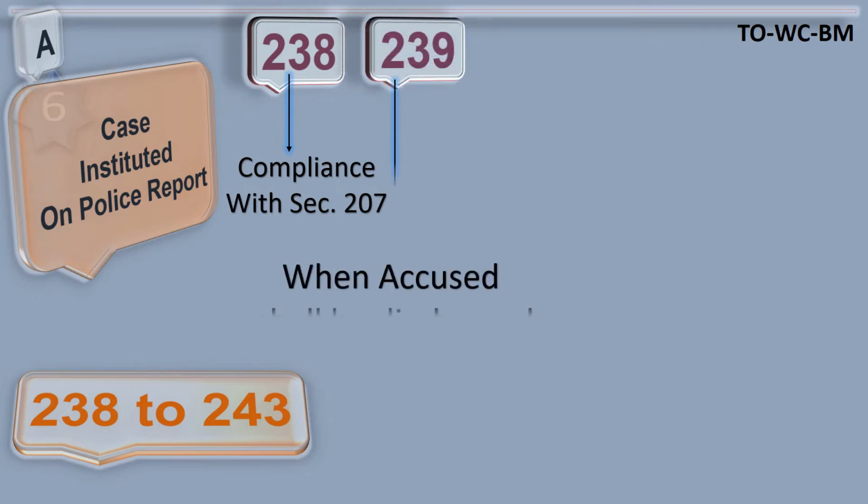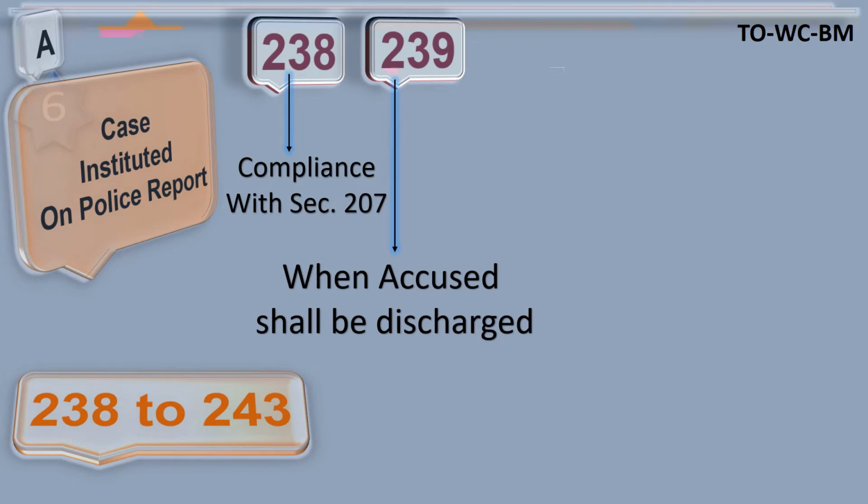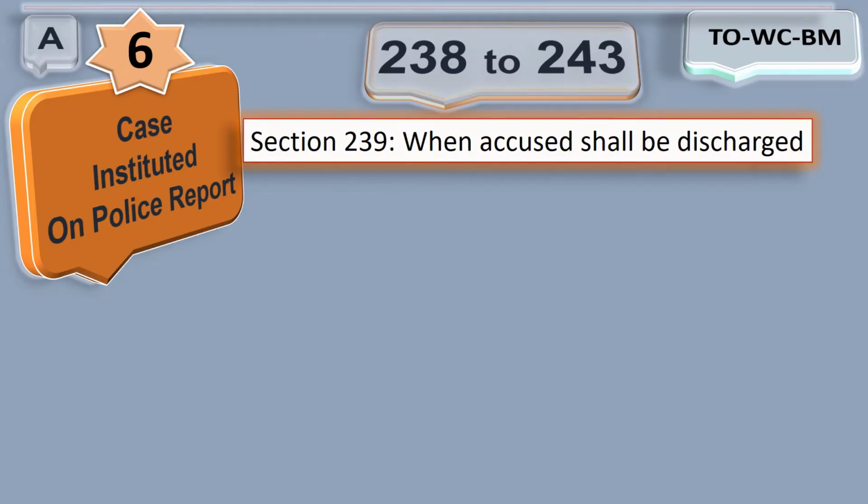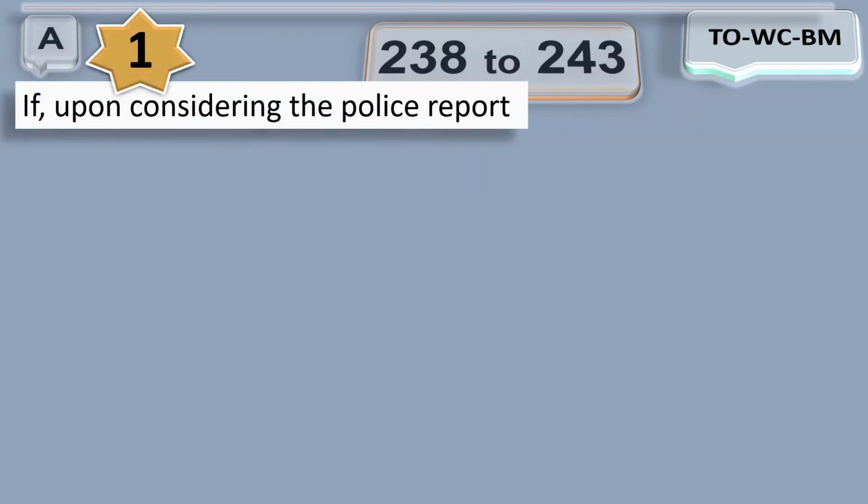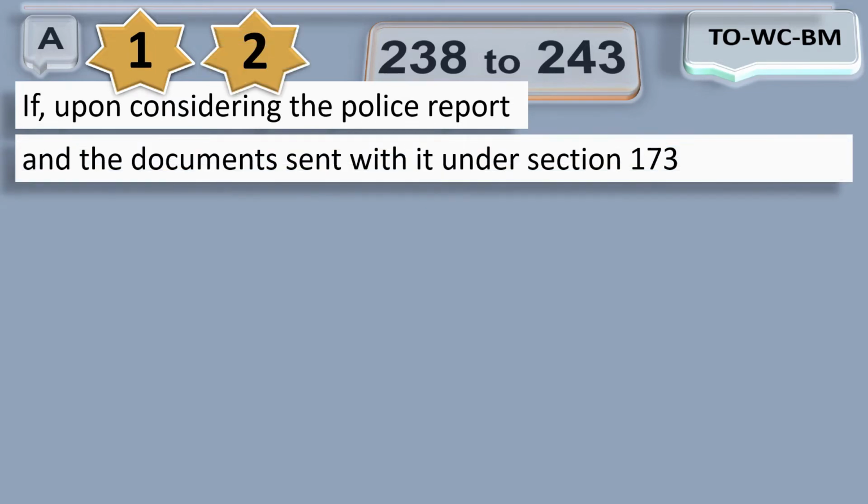It says, when accused shall be discharged. Section 239 informs us that upon an application, what the magistrate is going to do. First, he is going to check the police report. Second, he is definitely going to check the documents which are sent under section 173 along with the police report.